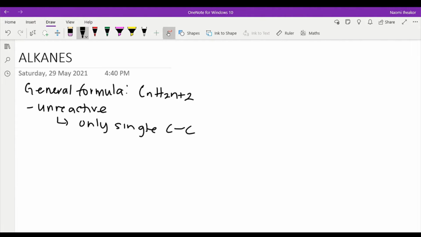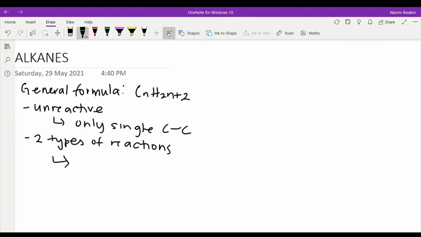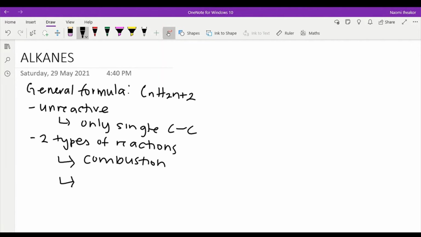When we talk about alkanes, they're quite reluctant to undergo reactions, but they only undergo 2 types of reactions: combustion reactions and substitution reactions.